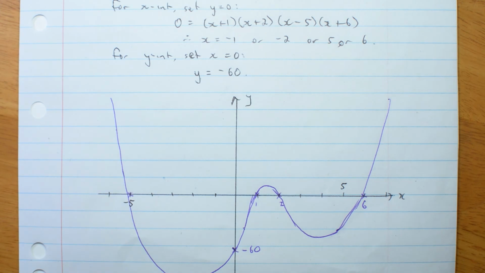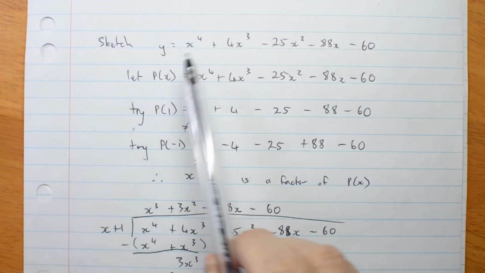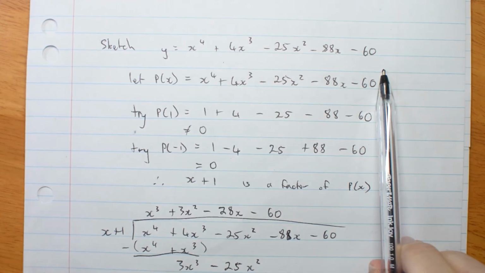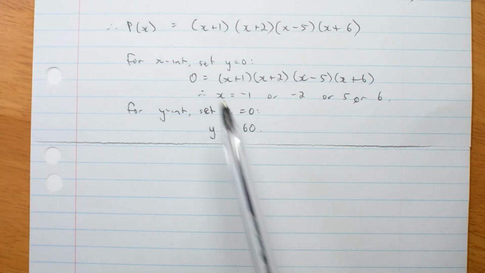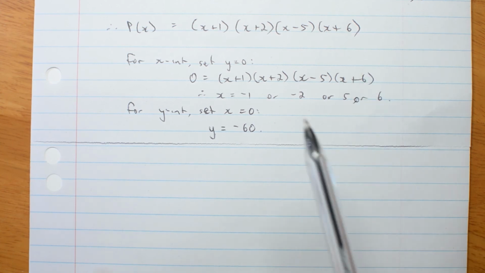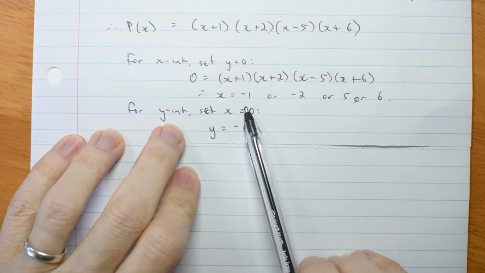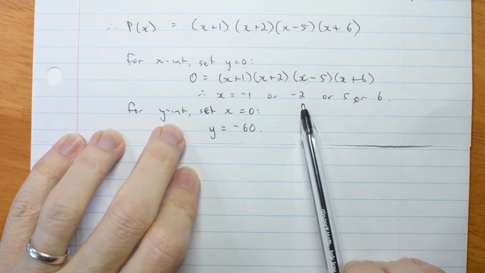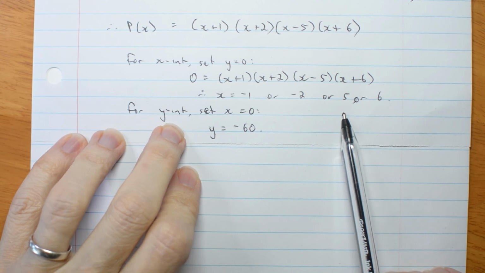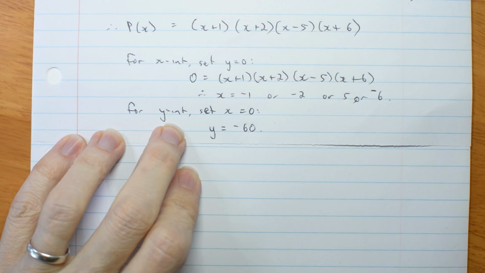Okay, so let's have a go. So the function we're trying to plot is this one, which we have factorised into this. Now, the first error I made was here. X negative 1, x negative 2, x positive 5, or x negative 6.